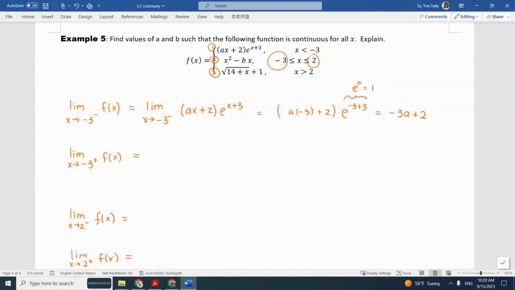Next, Danny. When x goes to -3 from the right, which formula do we choose? The second one. Yes.